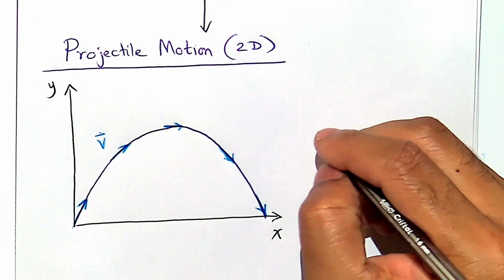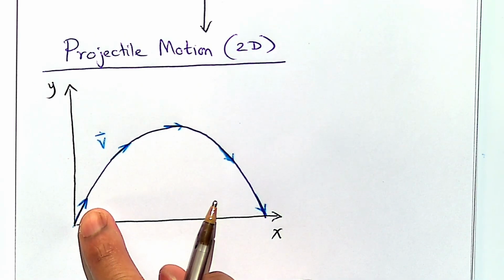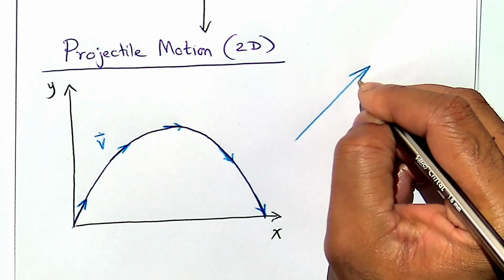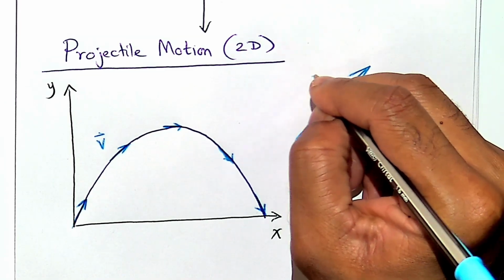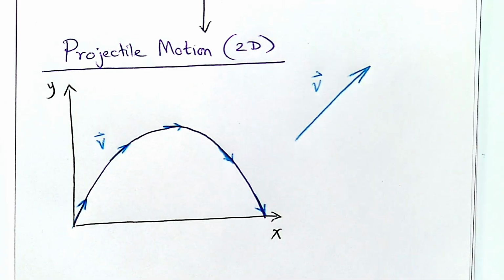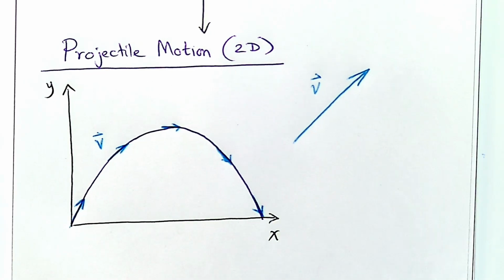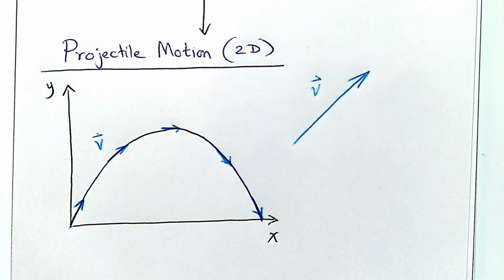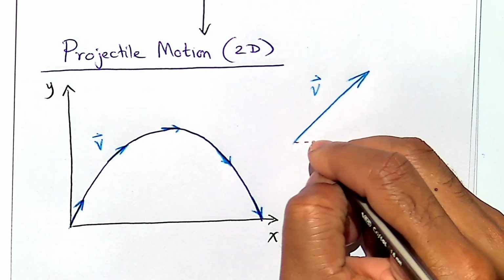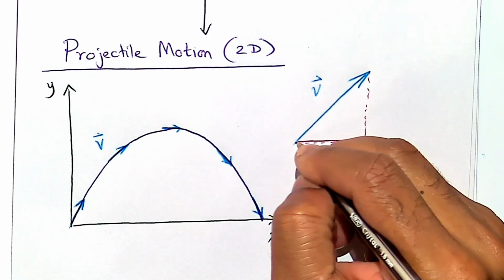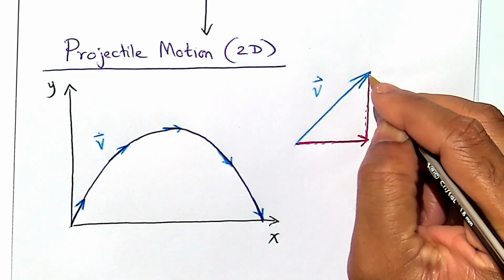You can use your trig now. So if I say I'm going to zoom into this velocity vector, which kind of looks like this, I'm going to draw it on the side, and say that is the velocity at that moment of the object, the ball, let's say. And knowing your xy coordinate systems, knowing the unit vectors now, you can break this vector down into its component parts, because this vector is made up of an x component and a y component.